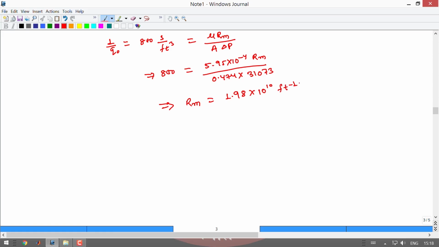Now, I am coming to the second question. Second question is just the extension of the first question. Here in the second question only the pressure drop is not constant, pressure drop is varying with respect to specific resistance.